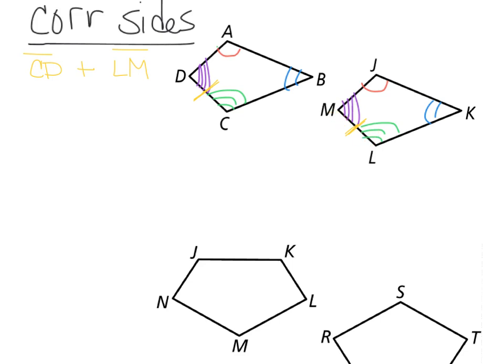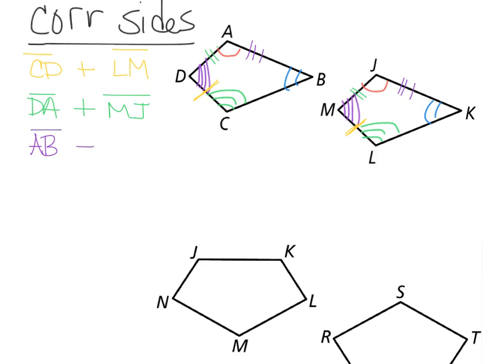Alright, next corresponding side, we'll do DA corresponds with MJ. And I'll write it over here. DA and MJ. Alright. Next corresponding sides, we'll deal with AB corresponds with JK.